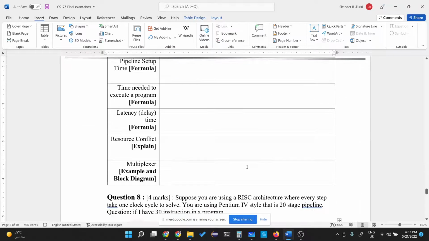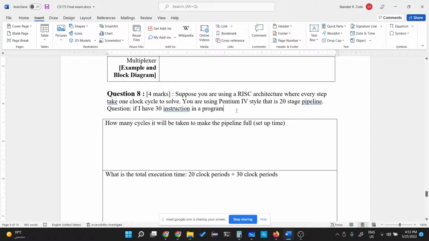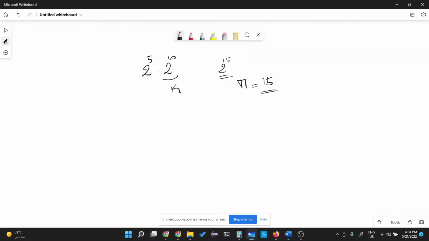So if the frequency is 10 megahertz, let me think. 10 megahertz is 10 to the power of 7 hertz.